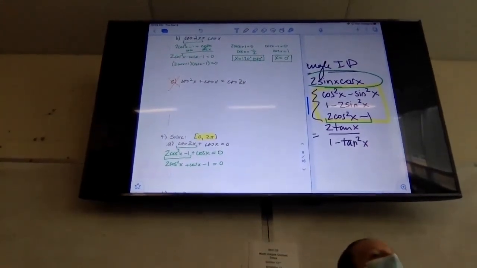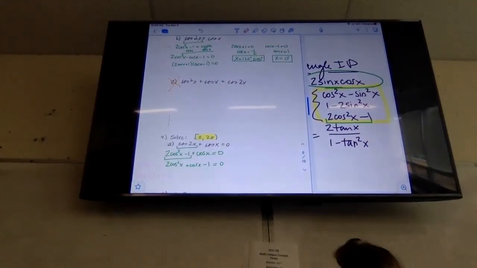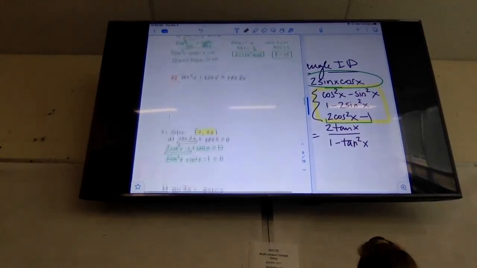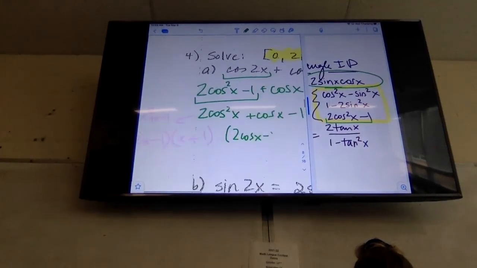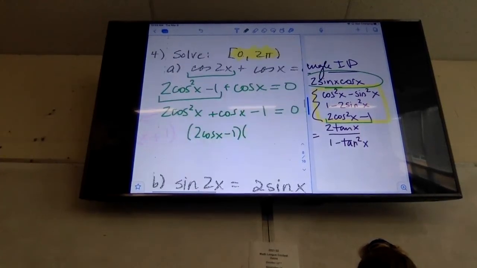As you can see, it's almost identical to the last problem, just one little sign off. So we've got to make sure that we're careful with that. And replace my x's with cosines. Two cosine x minus 1, cosine x plus 1.